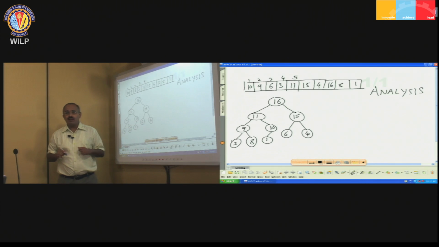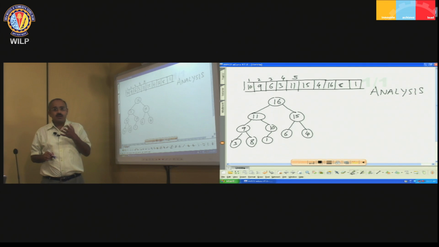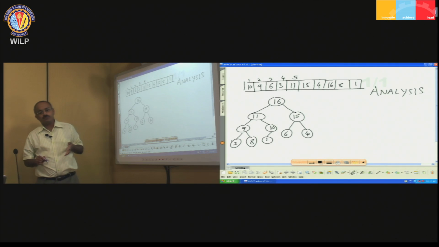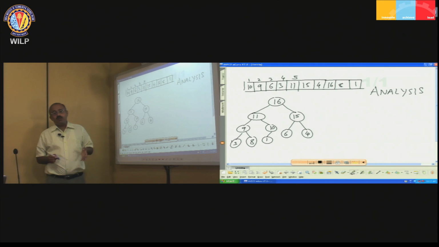So, as we see in the heapify procedure, if the heap property is violated at the root, the worst case is that the root is the least element and it has to float all the way down to a leaf of the tree.